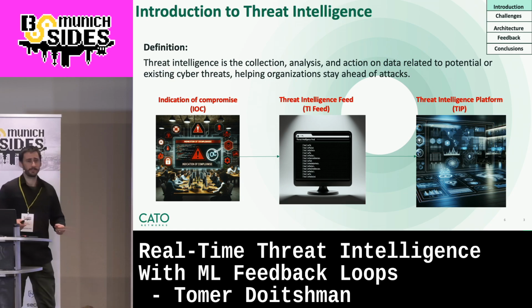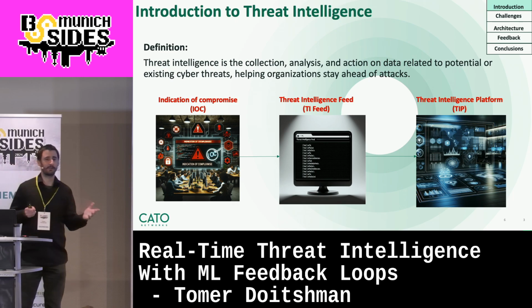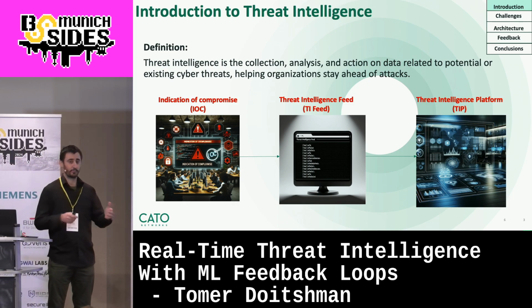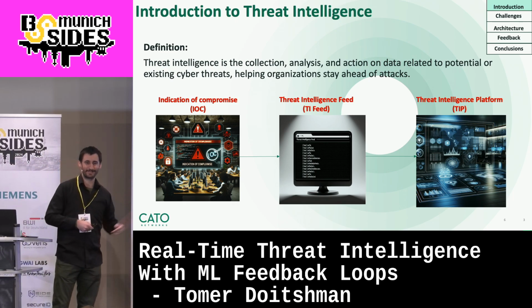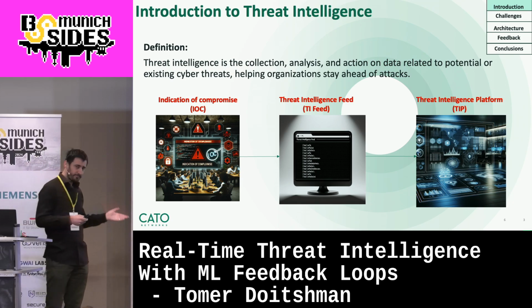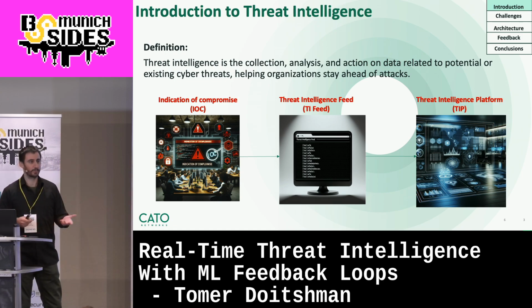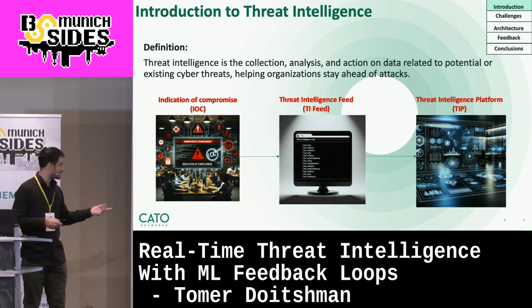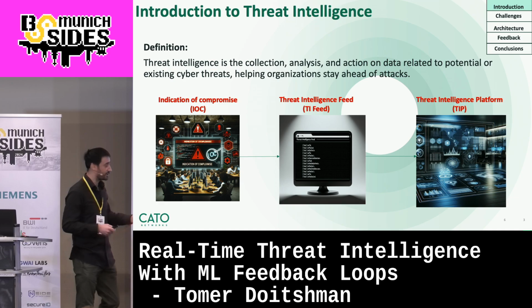Our goal is to collect most of the IOCs in the world and to prevent our customers from accessing network flows that contain these IOCs. But there are millions and billions of IOCs in the world. We can't fetch them one by one. So the next term is threat intelligence feed.